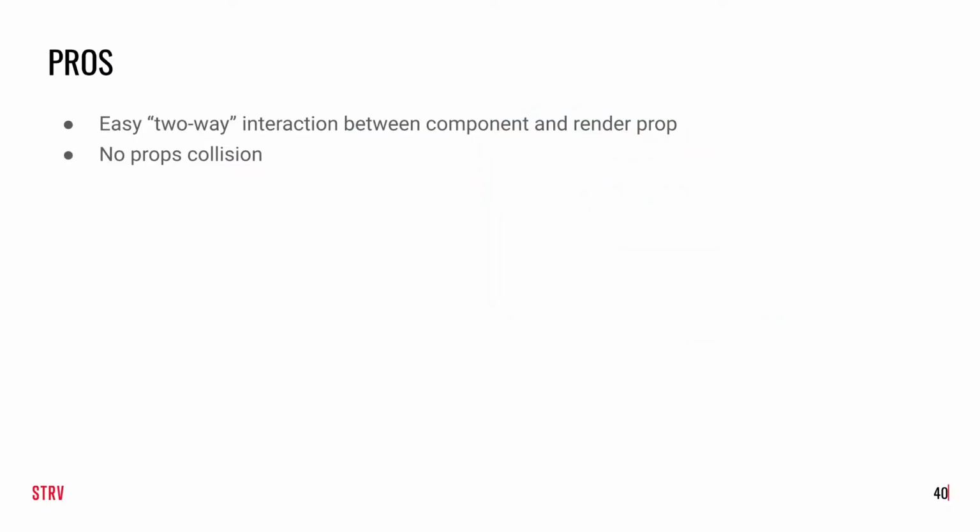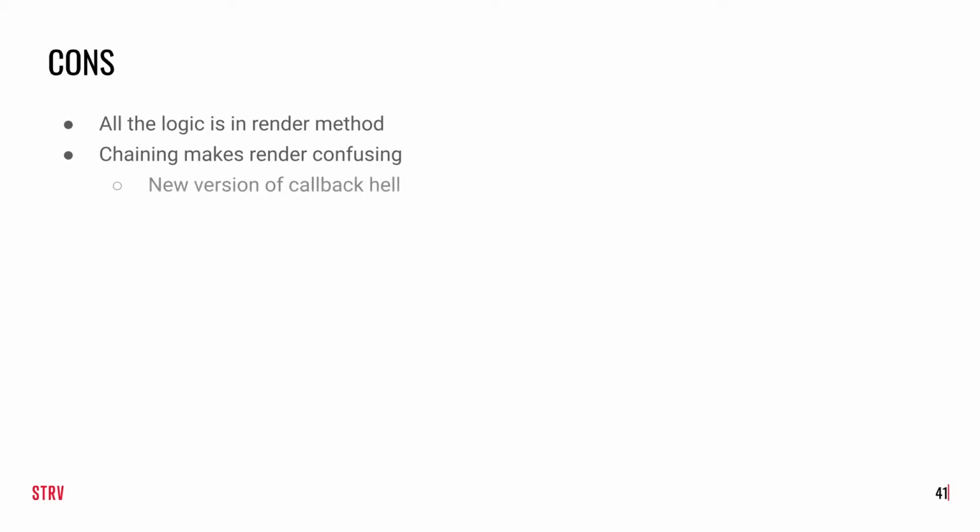You don't need to think about any collision of prop names, and it doesn't make any mess in React DevTools because everything just happens in one component. Cons are that all the logic is in the render method. Chaining of this makes code really confusing, and in the end it can look like callback hell.